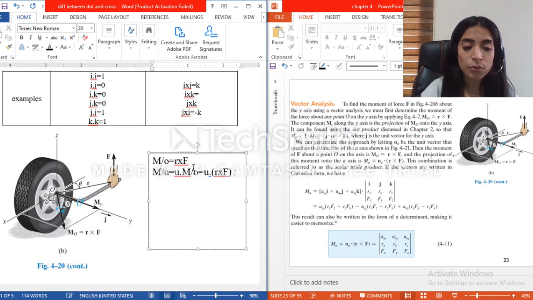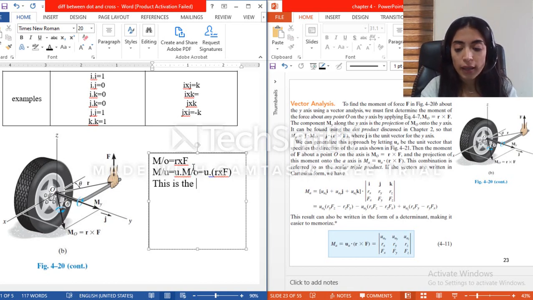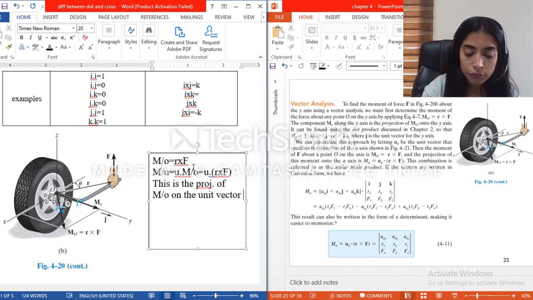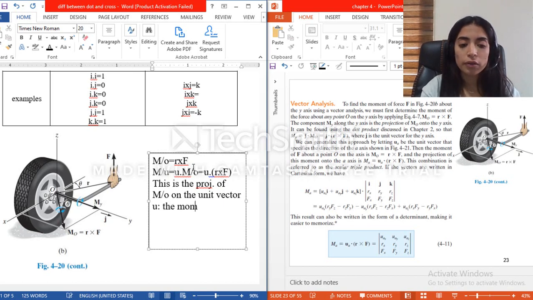So basically this is what? This is the projection of MO on the unit vector u, which is also what? The moment about the axis u, or the axis that has a unit vector of u.